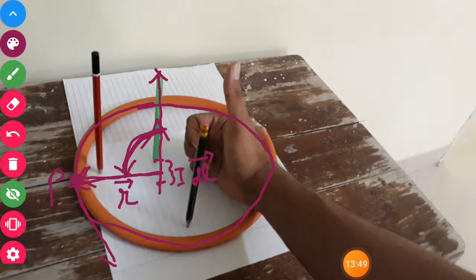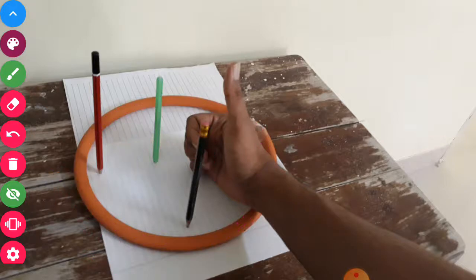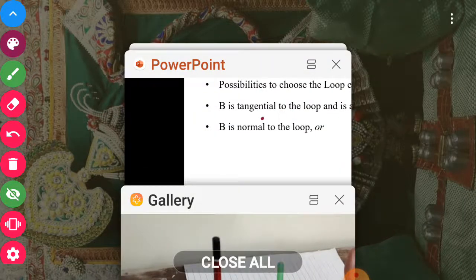Try to understand, it will be coming out of the screen. So it is tangential to this particular loop. So you have chosen the loop in such a way that the direction of magnetic field is tangential to the loop. Generally we choose the loop in this particular way. So this is a guideline to choose the loop.